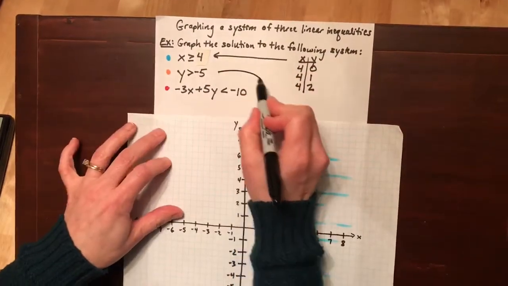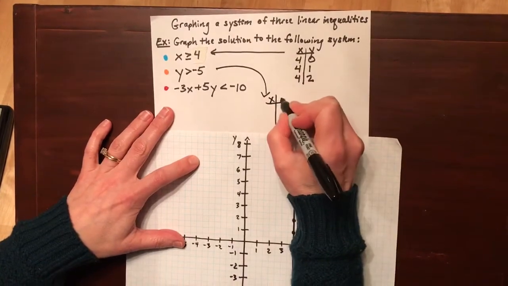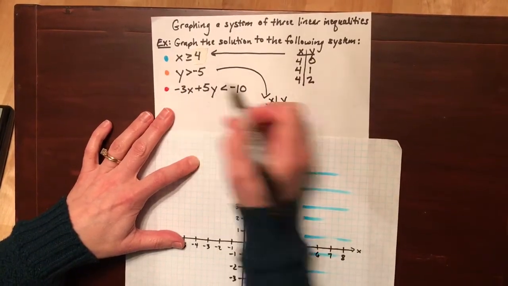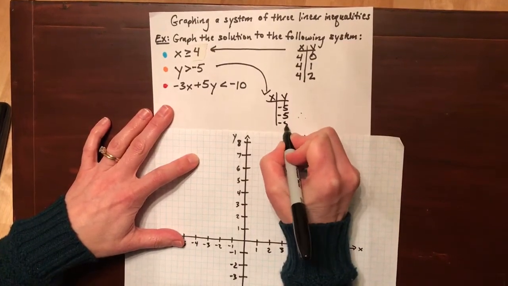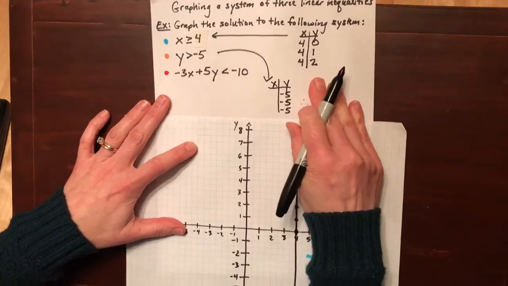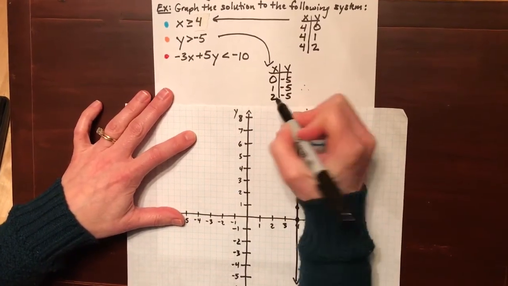All right, if I made a table for that, I could say that every y value on this table is -5. And so let's pick any x values. So let's just pick 0, 1, and 2.